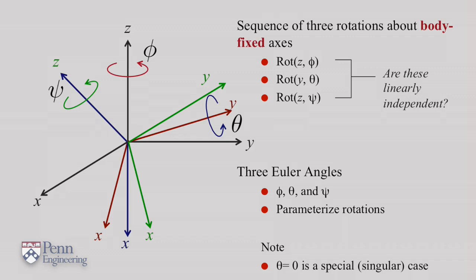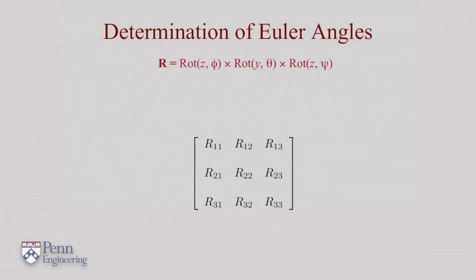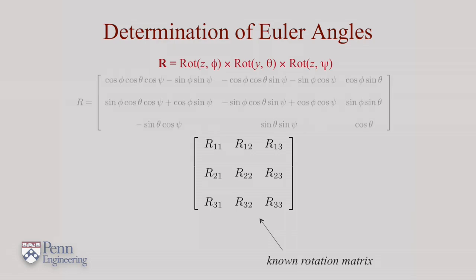To explore this further, let's look inside the computations that are involved in going from a rotation matrix to the three Euler angles. I'm assuming I have a known rotation matrix, a set of 9 numbers. I want to recover the three Euler angles, phi, theta, and psi.